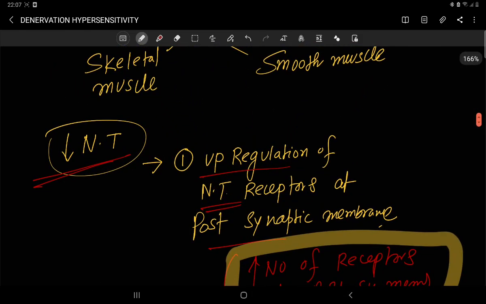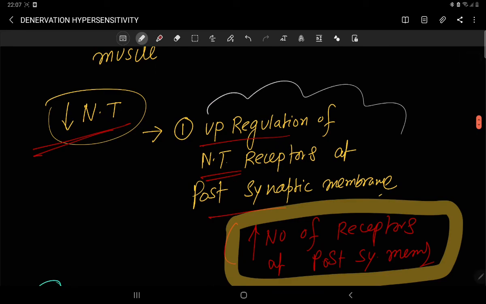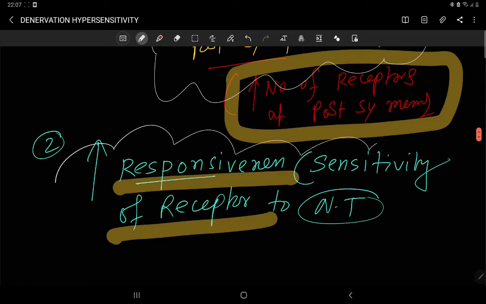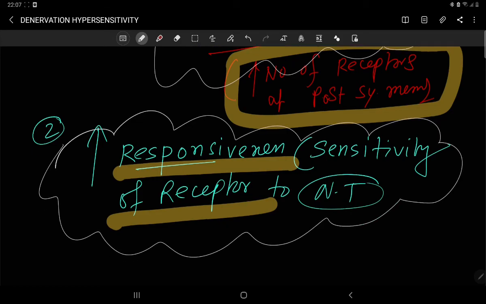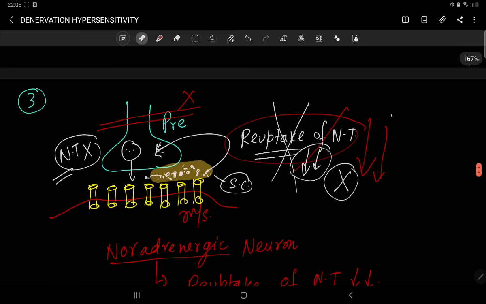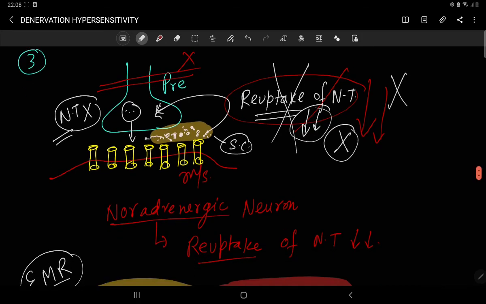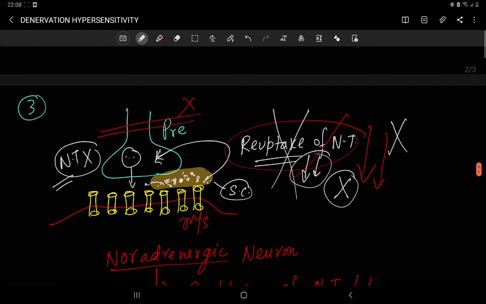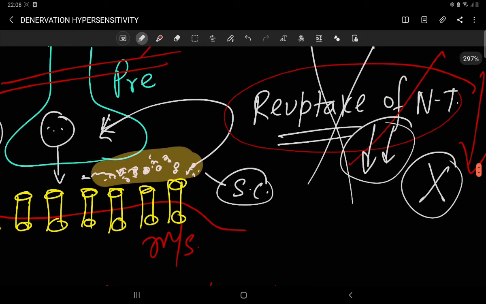It causes three factors mainly: upregulation of the neurotransmitter receptors and increased sensitivity. That's why this is called hypersensitivity. And not only that, this also causes reduced reuptake of the neurotransmitter. That's why the relative concentration of the neurotransmitter remains higher at the synaptic cleft region.